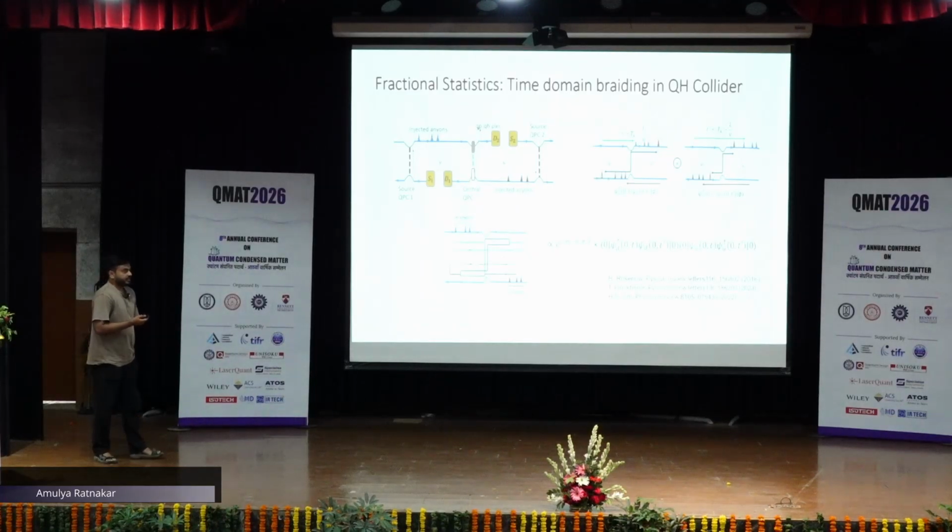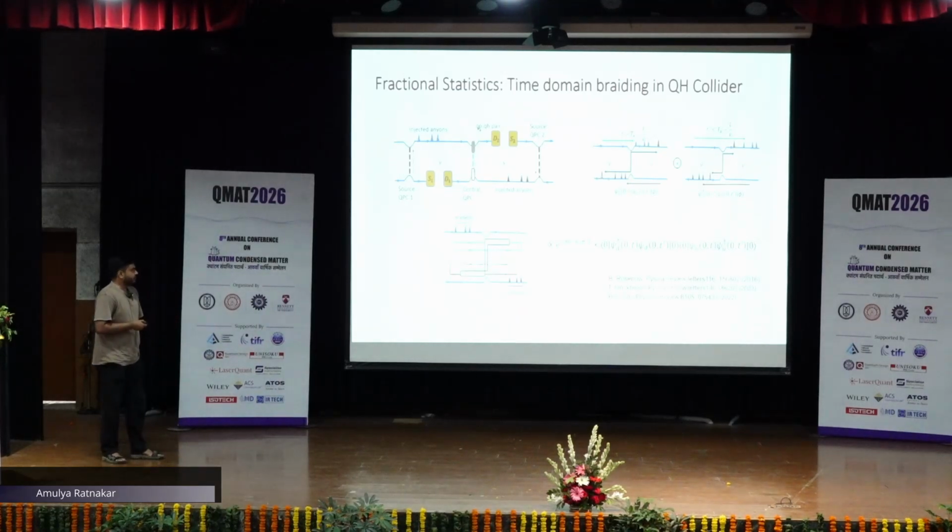And what is time domain braiding? Time domain braiding essentially is the convolution of two processes. In the first process, these injected anyons reach the central QPC after the quasi-particle quasi-hole pair has been created, and the other process is when these injected anyons reach the central QPC before the quasi-particle quasi-hole pair is created.